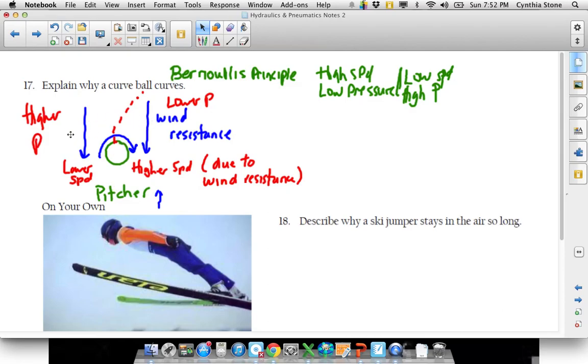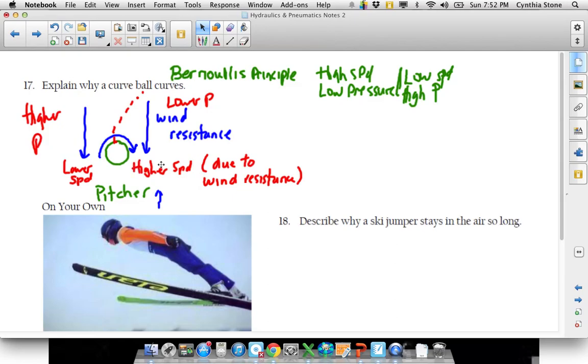And while the wind resistance on either side of the ball would be the same, because of the rotation of the ball, because of the spin on the ball, you have added speed of air on one side compared to the other. Just basically there's more air on this side, so it's traveling at a higher speed.